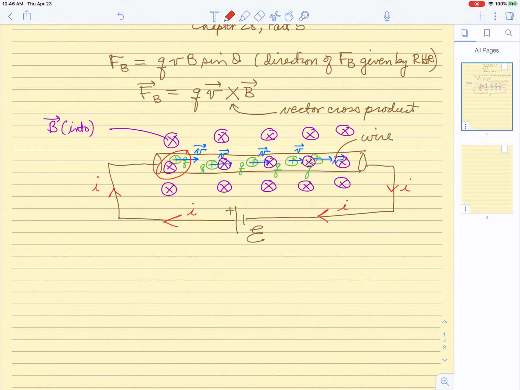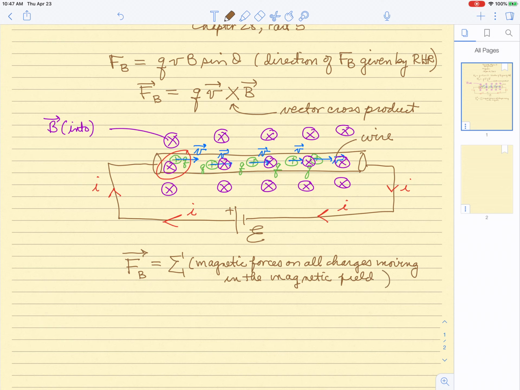And so the magnetic force will be, just in words, the sum of the magnetic forces on all charges moving in the magnetic field. Okay, so that's what we have in words.